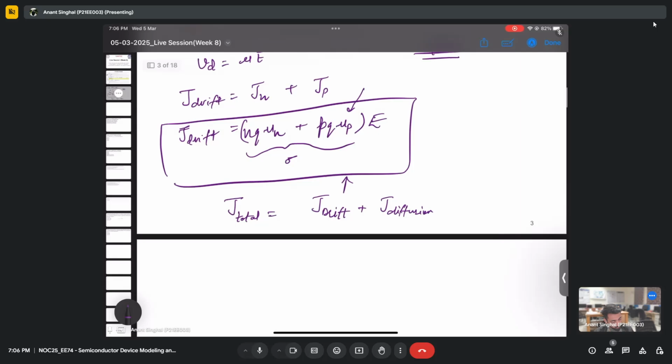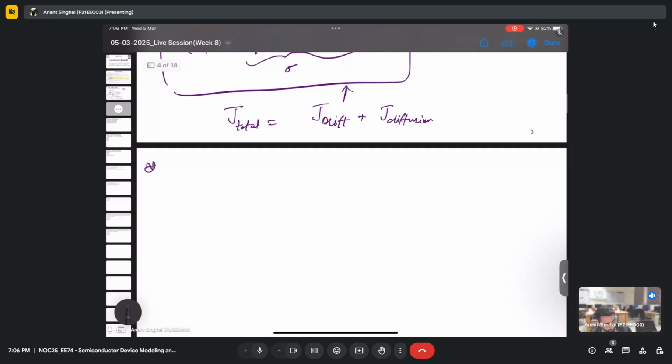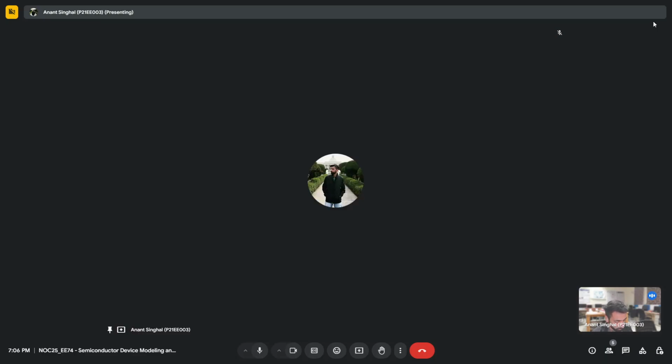Now we'll be looking a bit into the diffusion component to go further towards the recombination and generation models, because you also need to have a good understanding of this.